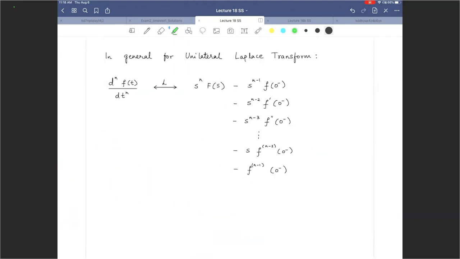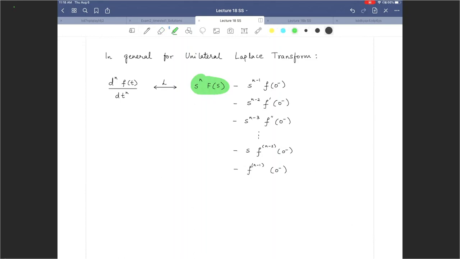So in general, for the unilateral Laplace transform, the nth derivative in the time domain of the function f of t becomes, in the Laplace domain, s raised to n multiplied by F of s, but you will have other terms that depend on the initial state.